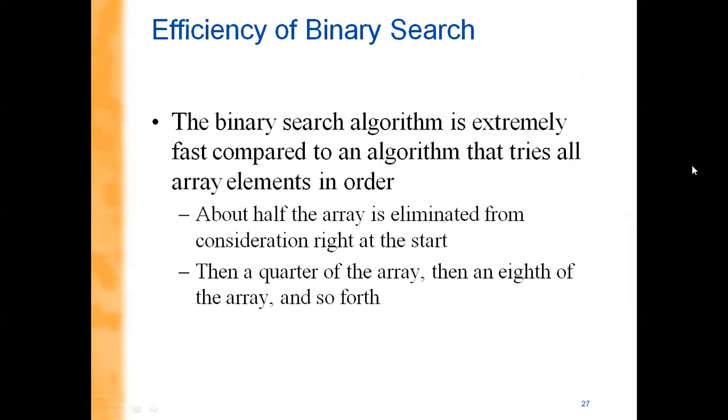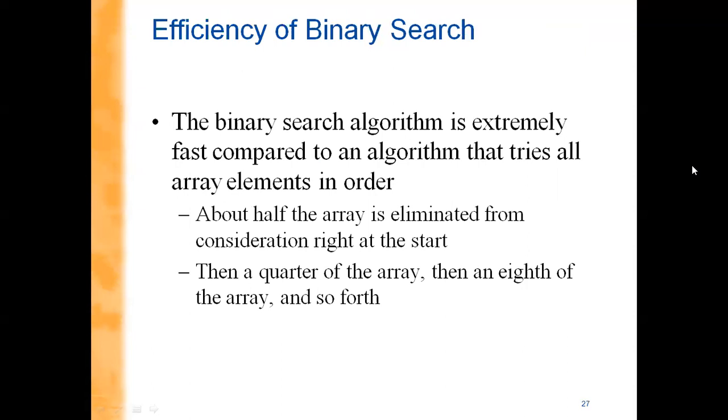How do we calculate the efficiency of binary search? The binary search algorithm is extremely fast compared to an algorithm that tries all the array elements in order. About half of the array is eliminated, because if your element is greater, then you will search the right subarray. If your element is smaller, you will search the left subarray. So almost half of the array is eliminated.